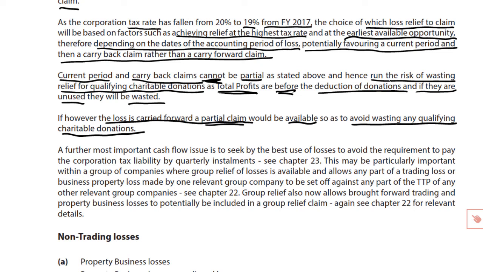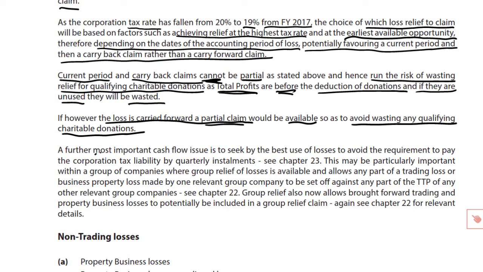So it is also the case when dealing with companies. Again, if all the rates were the same, we would still like to use a loss sooner rather than later in order to get either immediate repayment of tax paid for an earlier accounting period, or reduce this year's tax to be paid, either of which are better than reducing a future year's tax from it being payable at that future point in time.